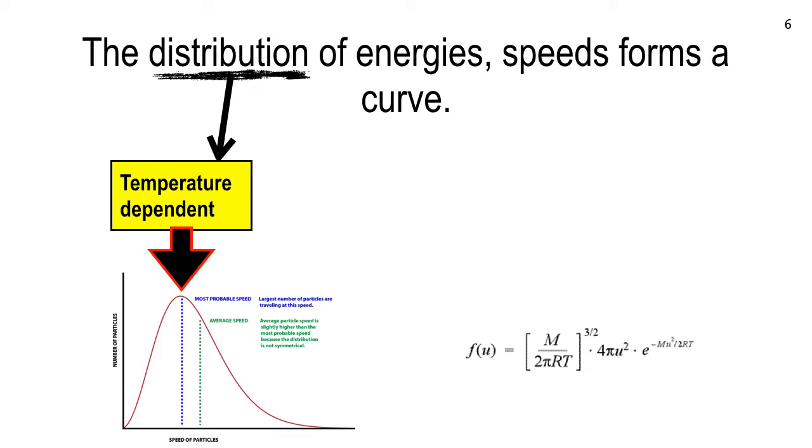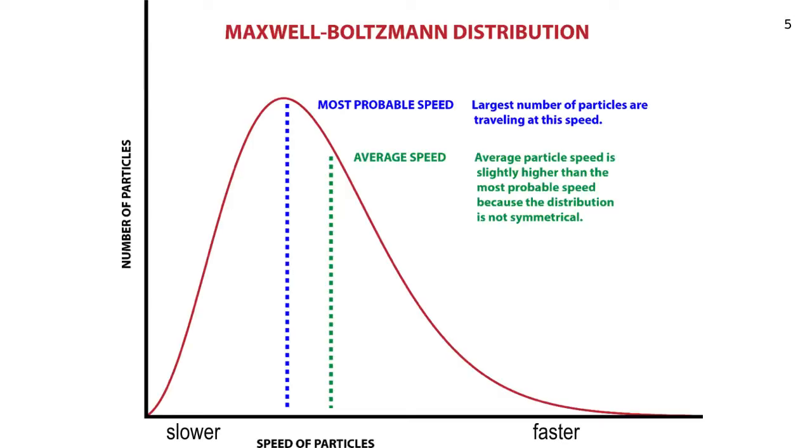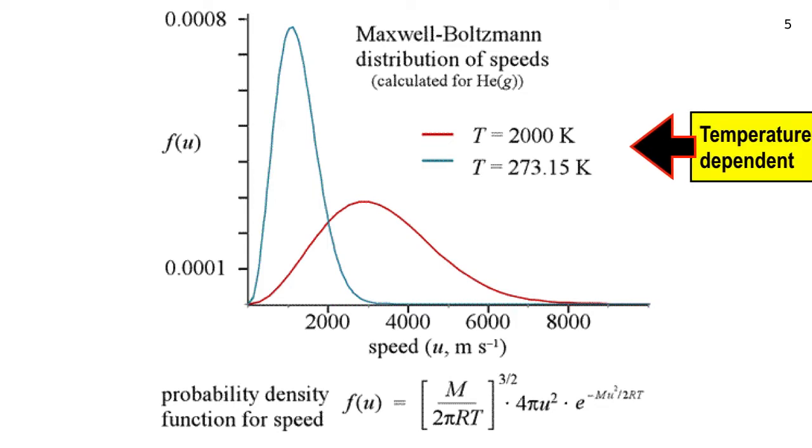But if you have something hot, like this previous one, let's get it back here. The cold one is the blue curve, and that one is kind of narrow. The hot one is the red one, and it's a little bit smushed out. There's a lot more mixing for something that's hot.